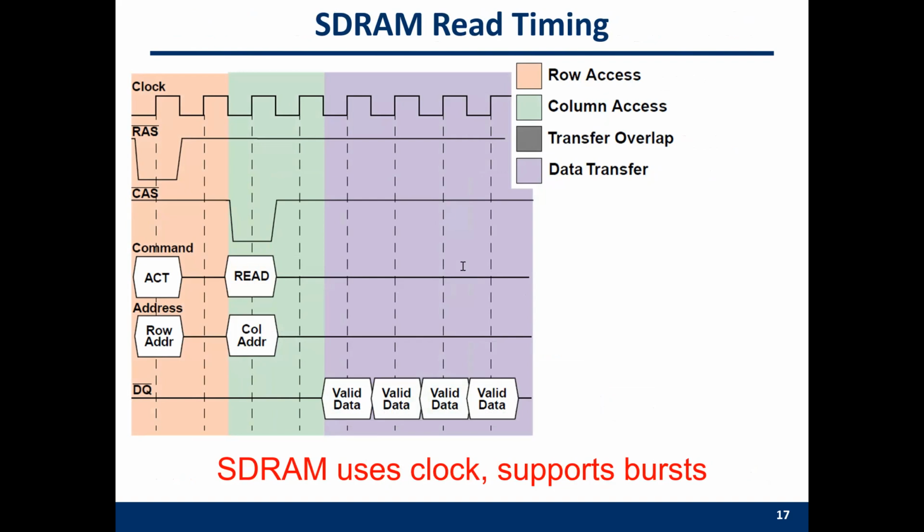DRAM even has burst mode. You set one request for four pieces of data or eight pieces of data, and these eight or four pieces of data will form a burst.